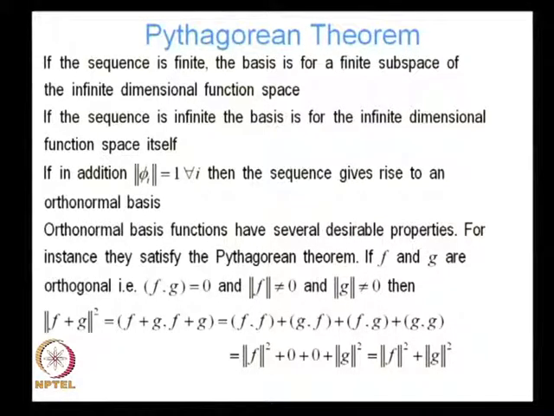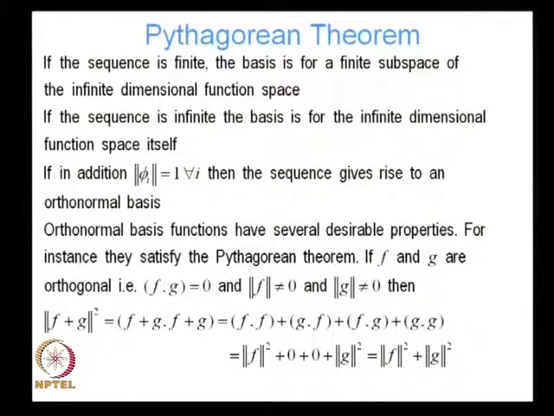If the sequence is finite, the basis is for a finite subspace of the infinite dimensional function space. So what I am trying to say is that if my function space is infinite dimensional, my function basis is going to be infinite dimensional. It's sort of trivial, but it's worth saying, right.